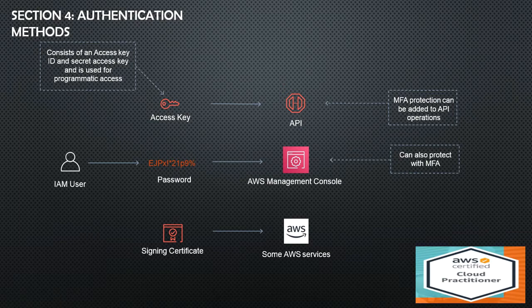So next is the authentication method. The authentication method will have the IAM user who has access to the console, and he can have access to the CLI, or you can have programmatic access. So that is where you have the access key and the access key ID. Here I want to show you that same thing.